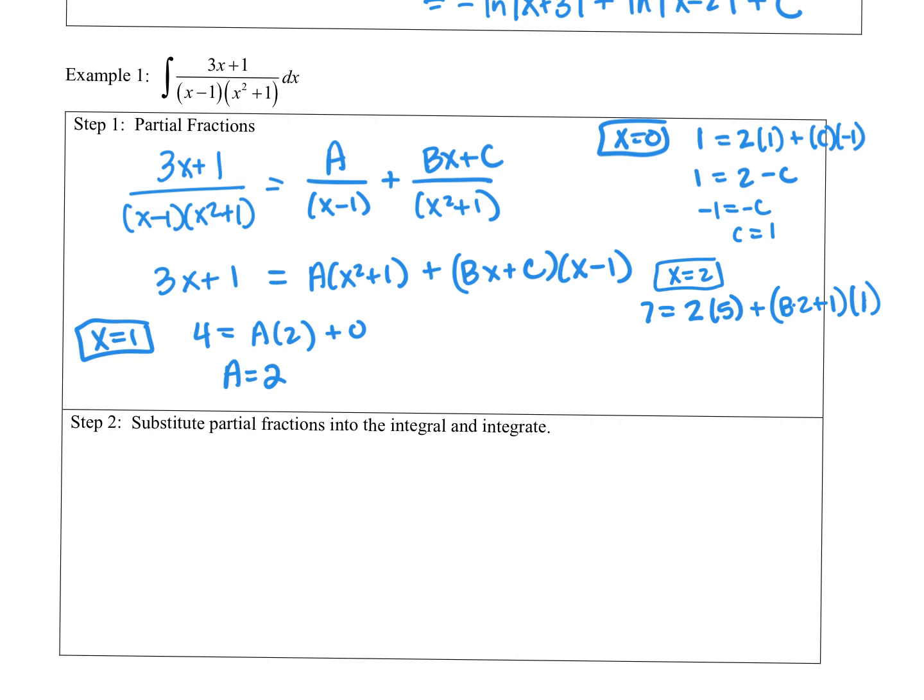So plug in any number you want, but the easier the math, the better. So this will be 7 equals 10 plus 2B plus 1. So negative 4 is equal to 2B. B is equal to negative 2.